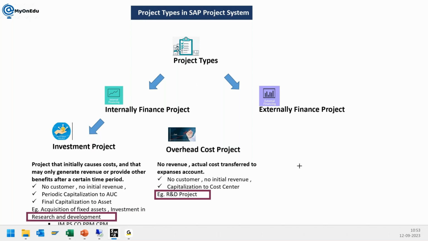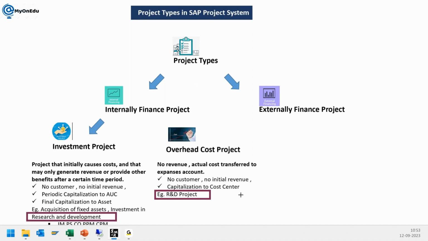In R&D, we put our money into our resources like employees and other technologies. We try to find the solution to an existing problem, or we want to build something new. But it is not always necessary that we have a successful outcome of the R&D project. So the R&D project's outcome defines whether it will become your overhead or your investment project.